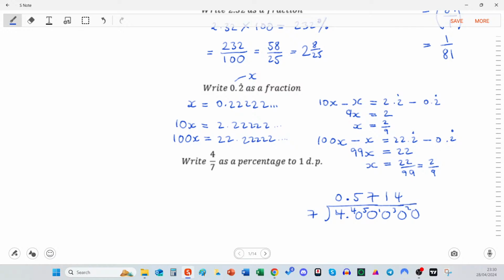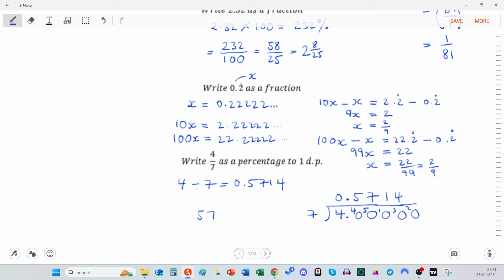Okay, so we've got 5, 7, 1, 4. That's all we wanted. This is the division, because that's what you need to realize: a fraction can change to a decimal by performing the division, which is 0.5714. A decimal changes to a percentage by a multiplication of 100.